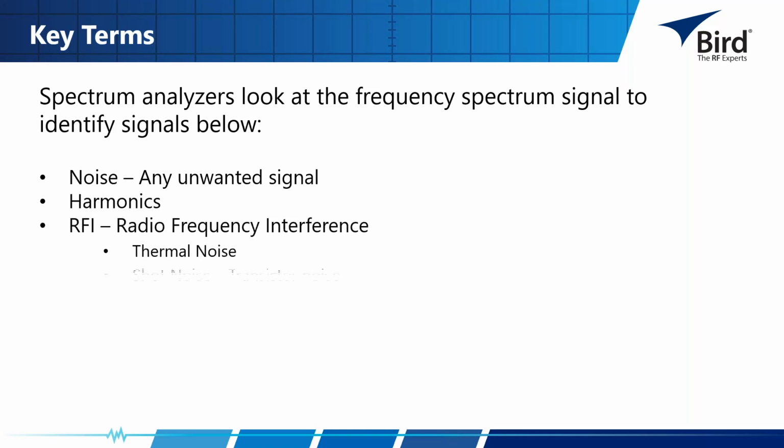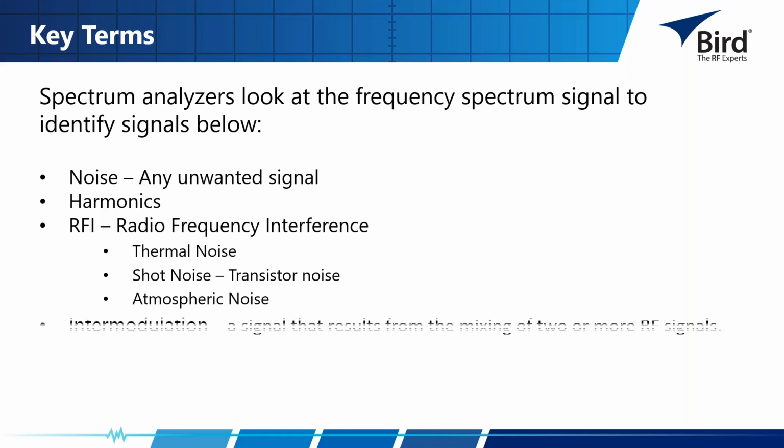Harmonics, RFI, radio frequency interference, which comes from thermal noise, shot noise, transistor noise, or atmospheric noise. And we can also look for intermods or intermodulation, a signal that results from the mixing of two or more RF signals. And then we can look for noise floor.